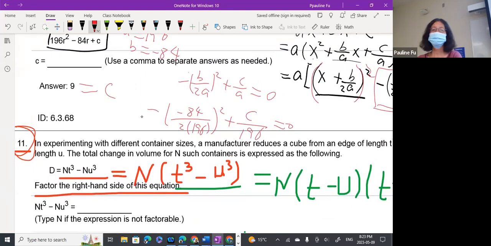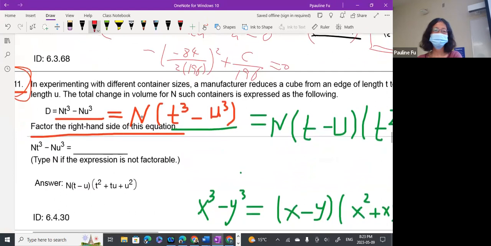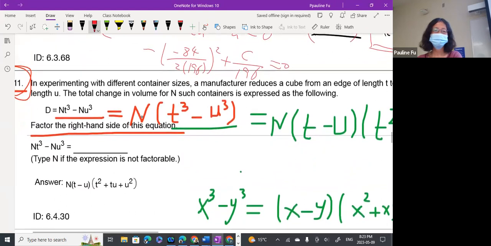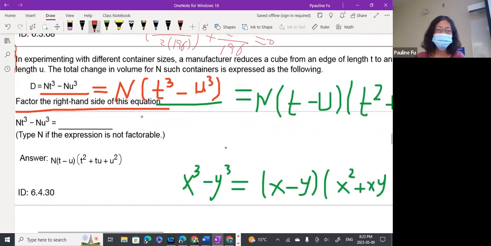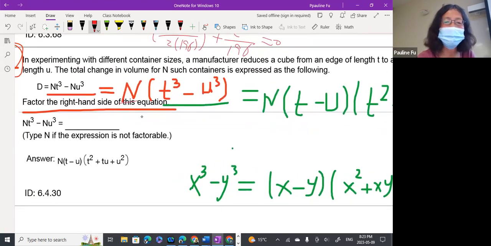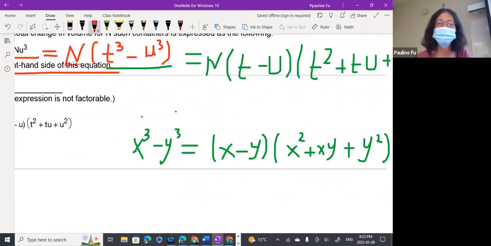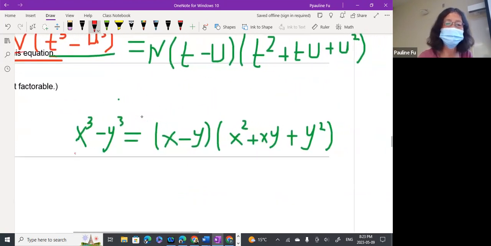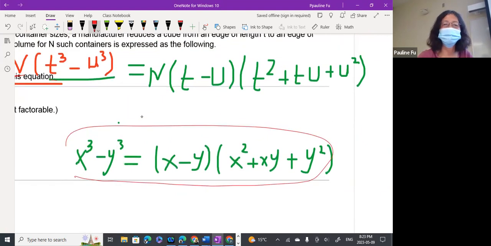So we move on to the next question. For the next question, I give you the answer. You factor out n, and then for this one you use a formula. You get this formula, and you get the result.